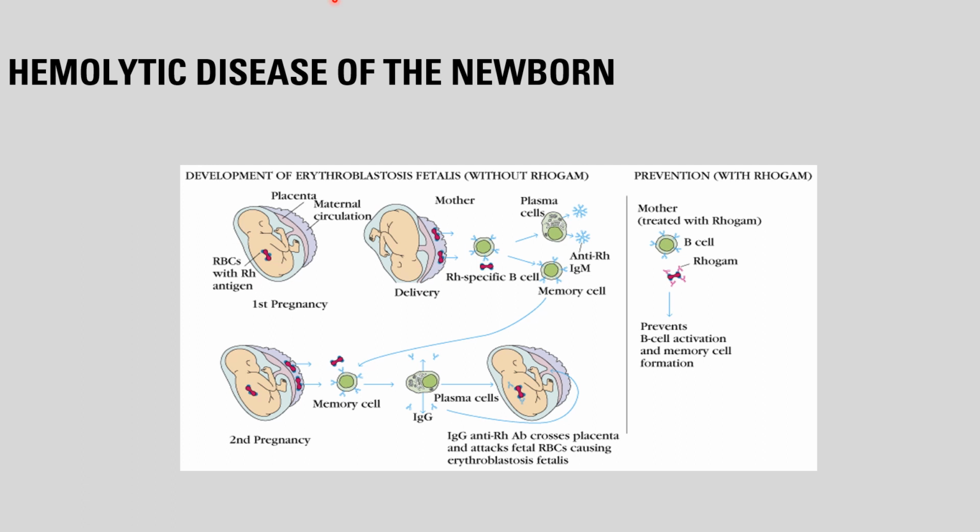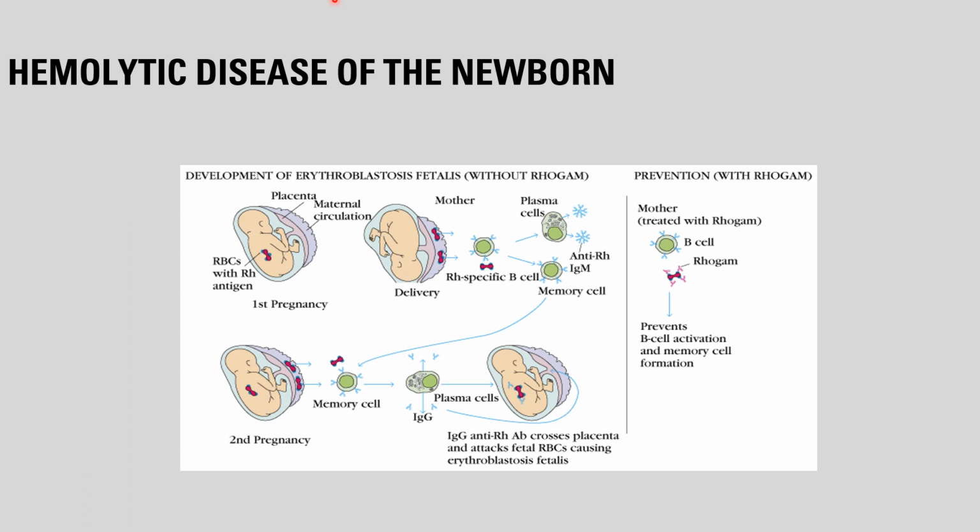For example, in cases of RH hemolytic disease of the newborn, if the mother is lacking the RH antigen, but the baby has the RH antigen which it inherited from the father, when the mother detects the antigen found in the fetus but is not found in the mother, it will stimulate the formation of IgG antibodies in response.